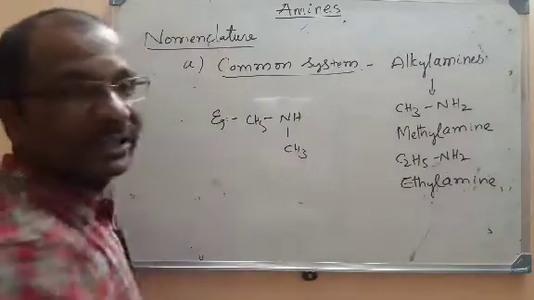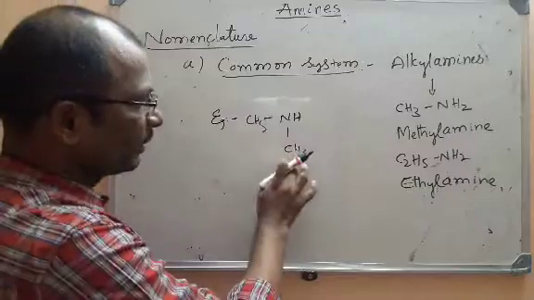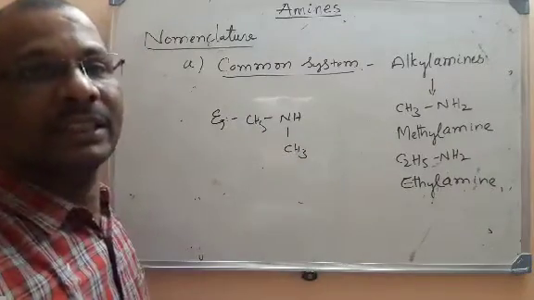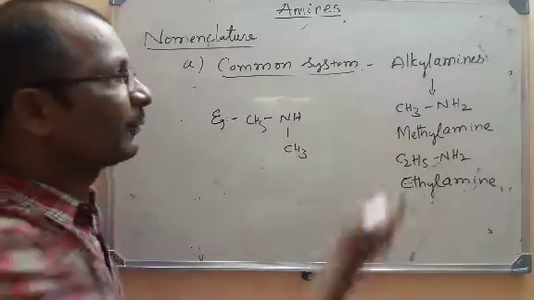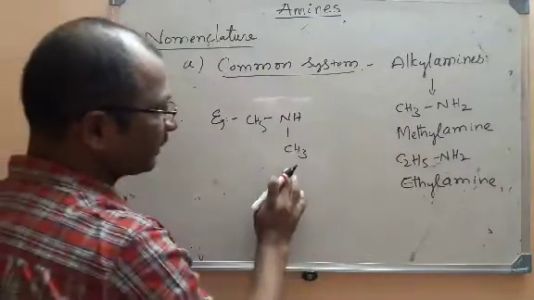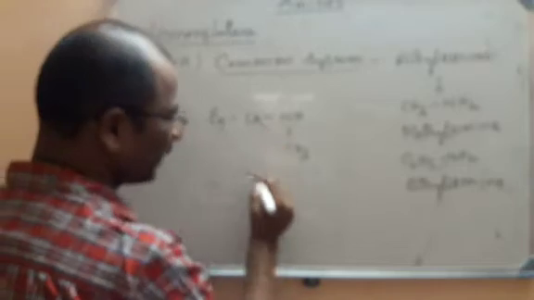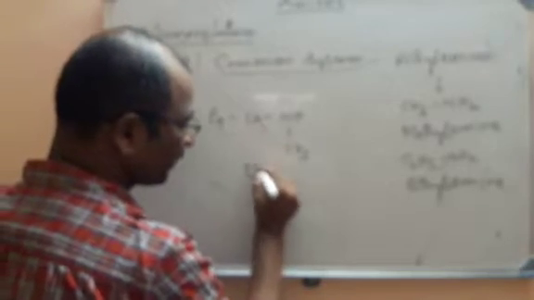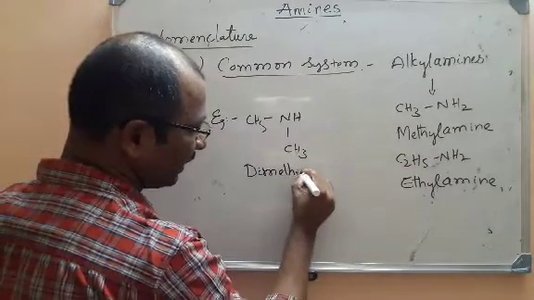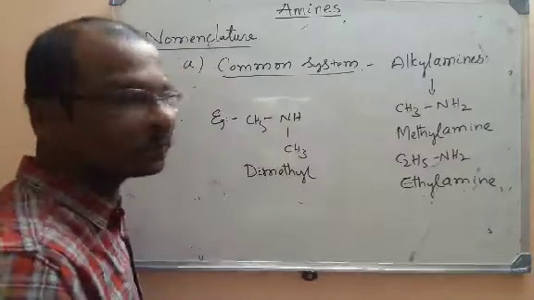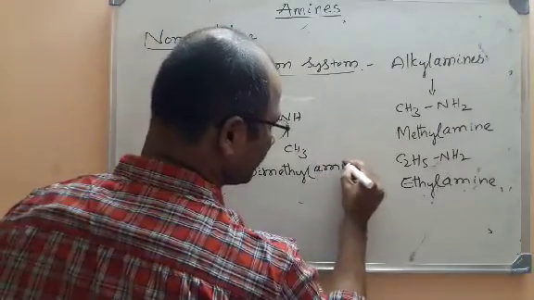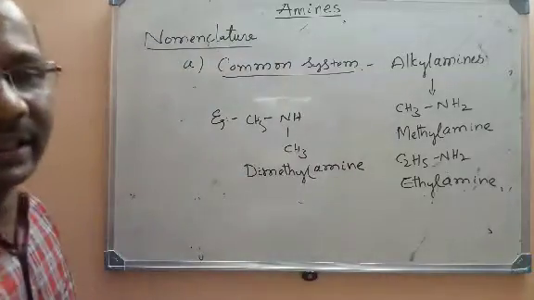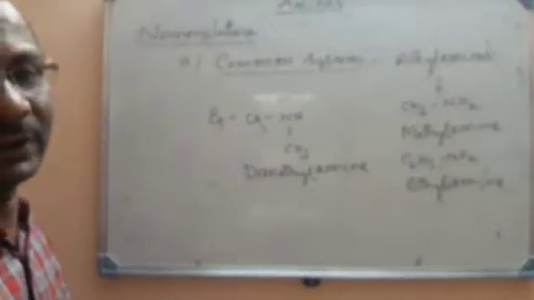Here also the system is the same, but two methyl groups are there. In that case, we fix di, tri, tetra as the prefix before the alkyl group. For example, here, two methyl groups are there, so we name it dimethyl amine. Dimethyl amine is the common name of this molecule.